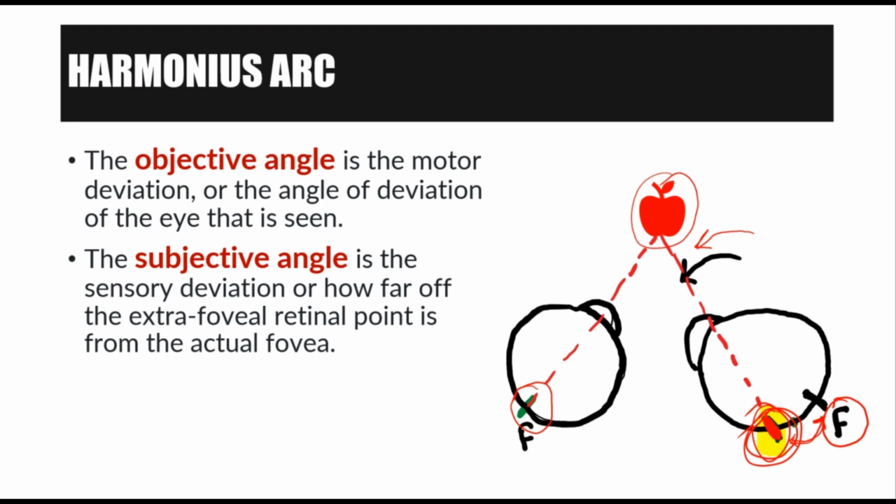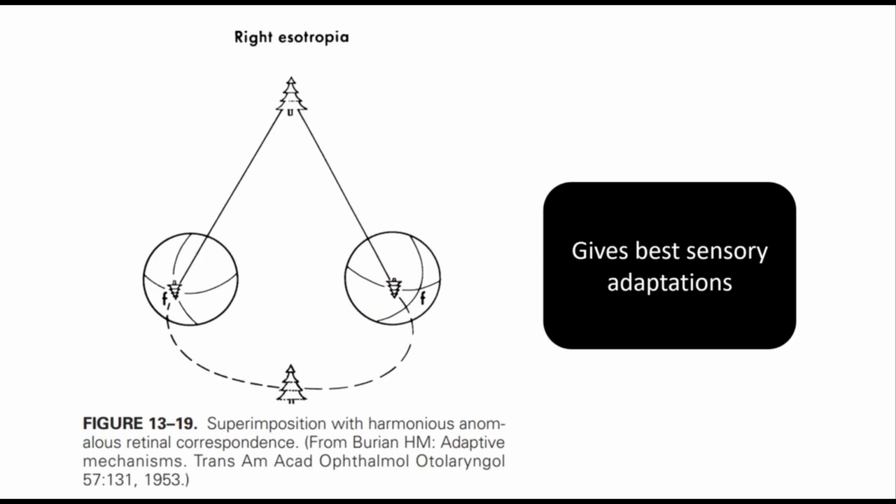The deviation here is fully neutralized sensorially, that is, the shift of the visual direction has fully been offset by the amount of deviation, right? This perfectly developed abnormal retinal correspondence is called harmonious abnormal retinal correspondence. And here the objective angle will be equal to the subjective angle. Okay, so this is what I mean to say.